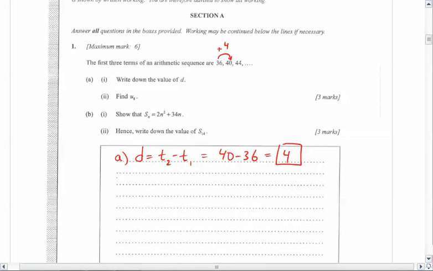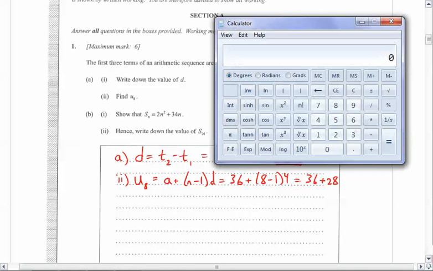In order to find term number 8, we can use the formula first term plus n minus 1 times d, which would be 36 plus 8 minus 1 times 4, or 36 plus 28, to get 64.